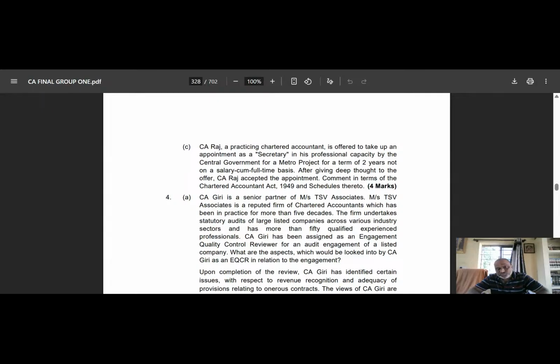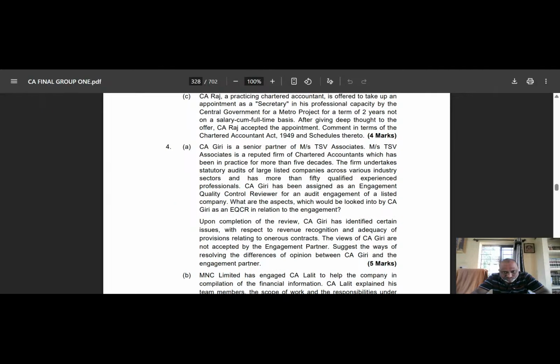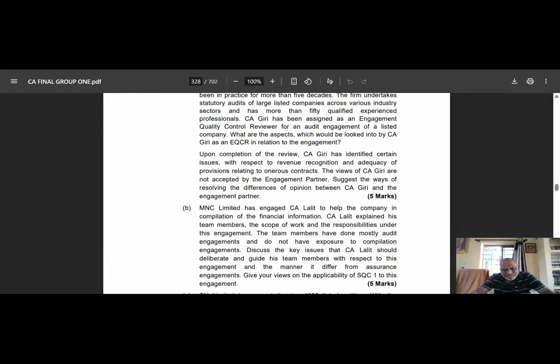Now, question number 4A. MNC Limited has engaged CA Lalit to help the company in compliance of the financial information. CA Lalit explained the terms of the engagement to the members. The team members have done mostly audit engagements and do not have exposure to compliance engagements.